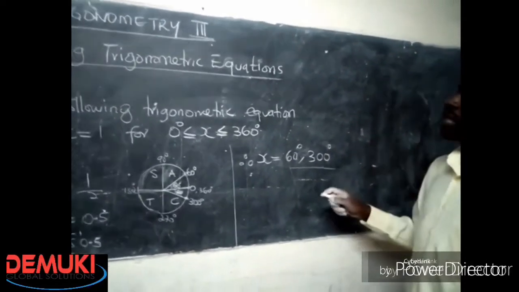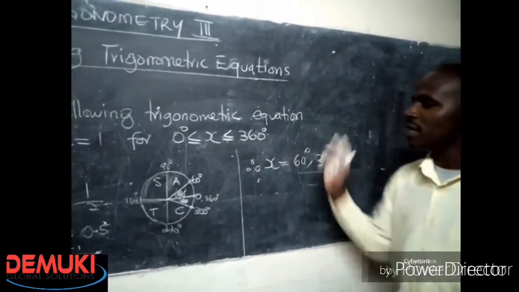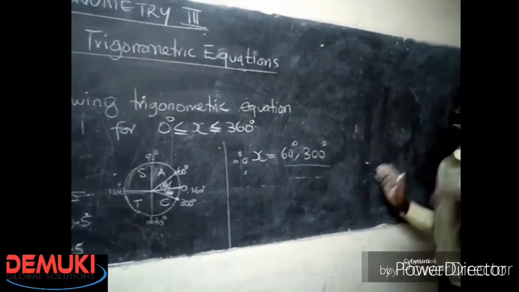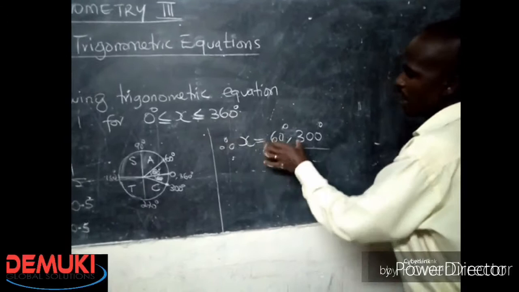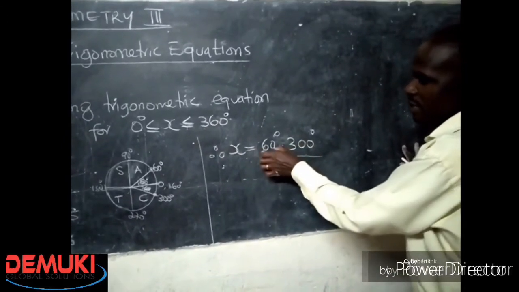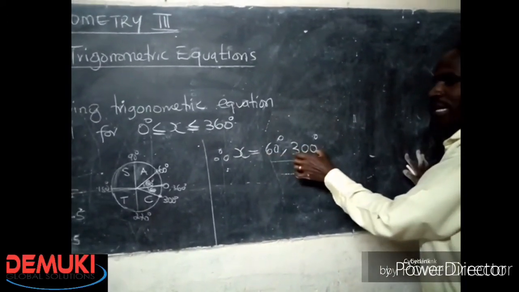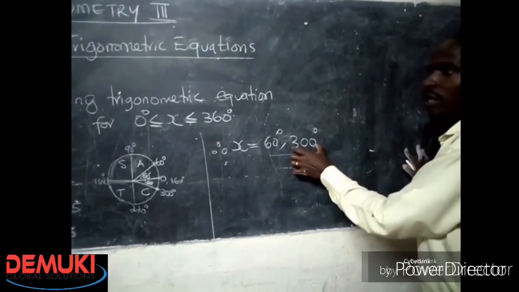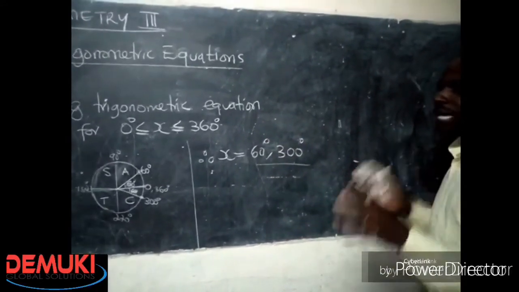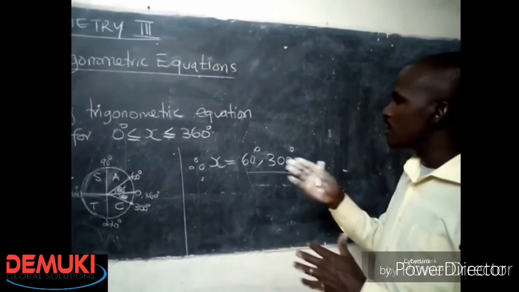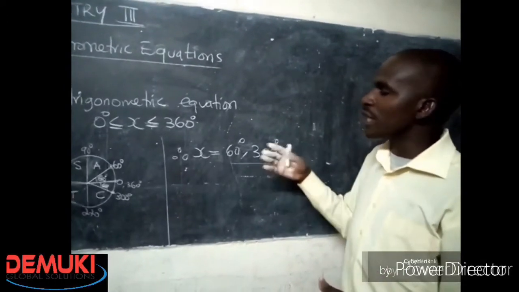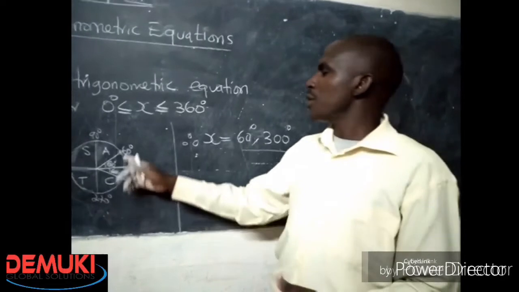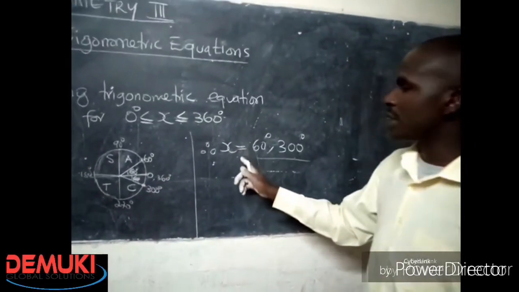If I look at the range which I've been given, the only two values are either x is 60 degrees or x is 300 degrees. In this kind of question, you can get more than one value for your answer.